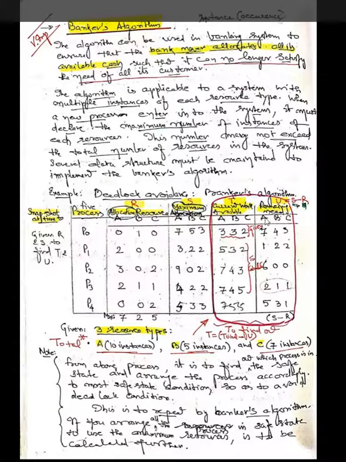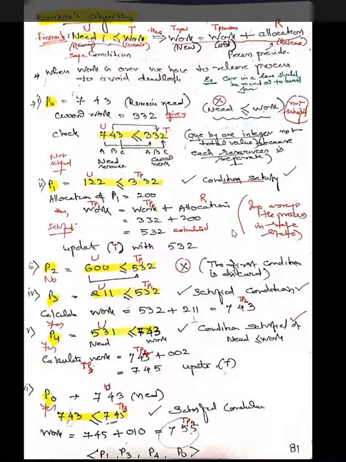If the need is less than the available, then we can use the allocation. But if the need exceeds the available resources, then the condition is not satisfied.